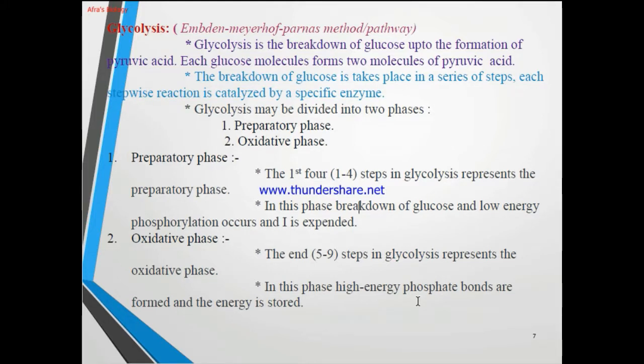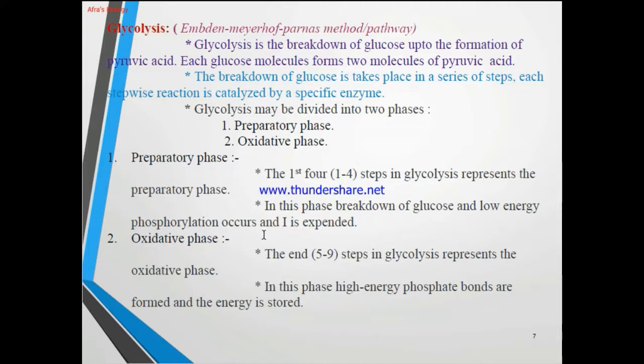Well, glycolysis is completed in just 2 phases. The first one we call the preparatory phase and the other one we call the oxidative phase. The preparatory phase covers steps 1 to 4 in glycolysis. In this phase, a glucose molecule is added with a phosphate group, like phosphorylation of glucose takes place.